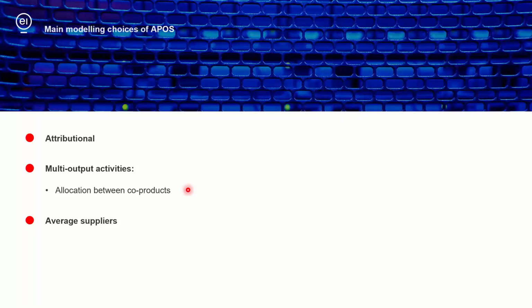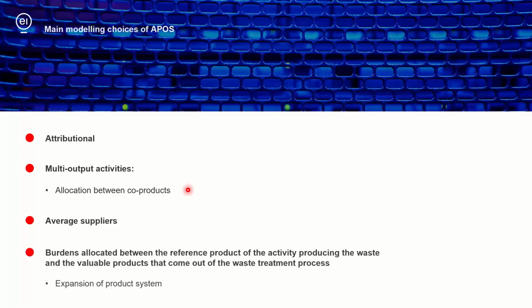So it is quite similar to the cutoff system model, but the main difference is that the burdens are allocated between the reference product of an activity producing the waste and the valuable products that come out of the waste treatment process. We have an expanded product system.